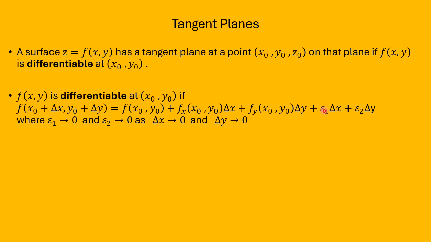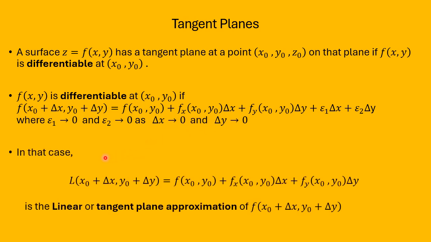Now the epsilon 1 and 2 can depend on x0, y0, and also delta x, delta y, but they have to have the following properties. Epsilon 1 goes to 0 and epsilon 2 goes to 0 as delta x goes to 0 and delta y goes to 0.